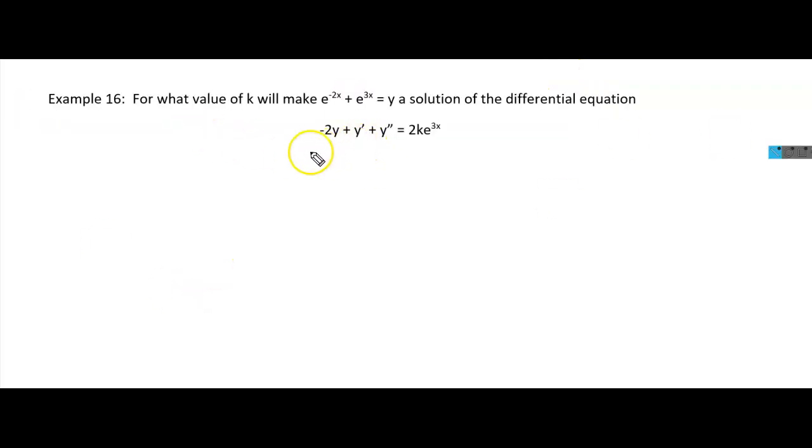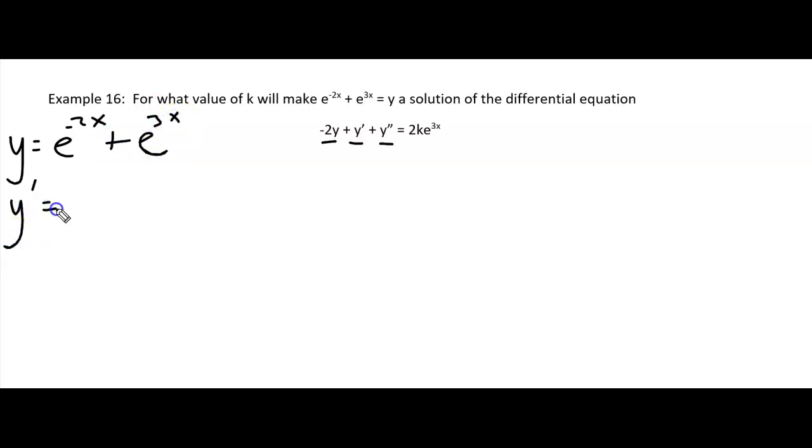So your example for 16 is a lot like what we just did in number 15. It's just that we're going to have an extra task at the end where we have to solve for the k. So first of all, we need y prime and y double prime. So y is equal to e to the negative 2x plus e to the 3x.